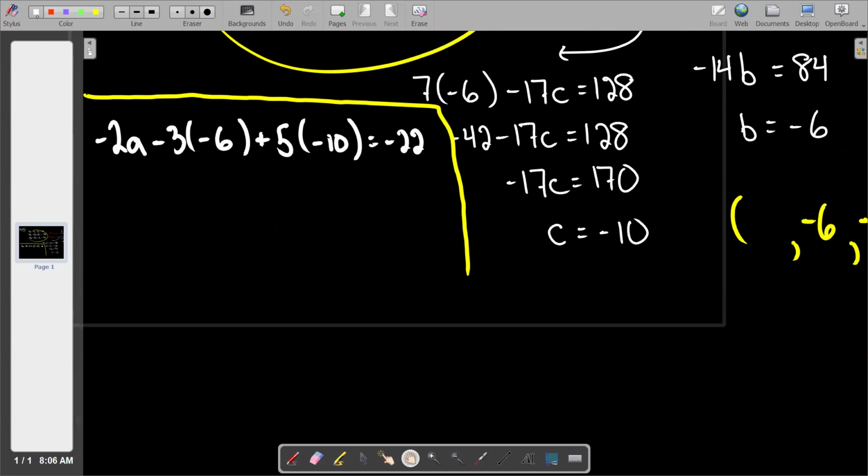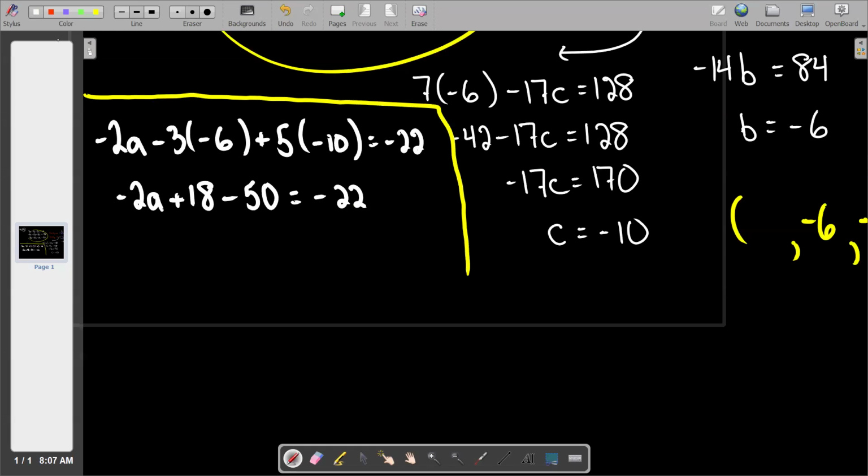-3 times -6 equals plus 18. Right. So we have -2a plus 18. And then what else? And -50. Right. Equal. And then what would we do? Can we subtract then?